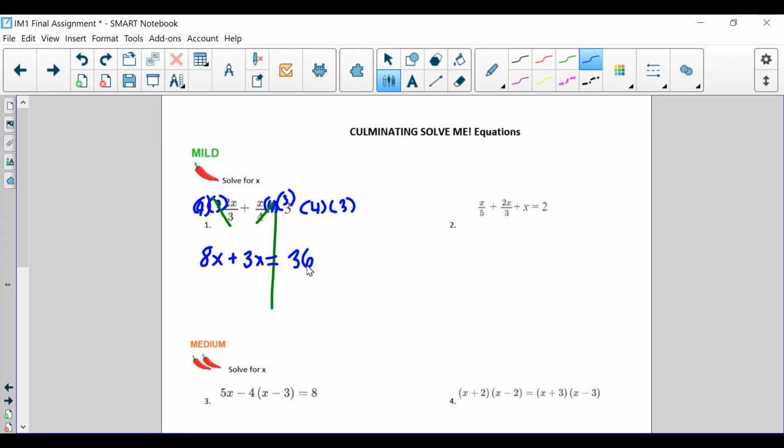And then we're going to continue working on this part where we have 8x plus 3x, which equals 11x, equal to 36. Finally, we're going to divide by 11, and our answer is going to be 36 over 11, or you could say that it is 3 and 3/11. Either answer is correct.